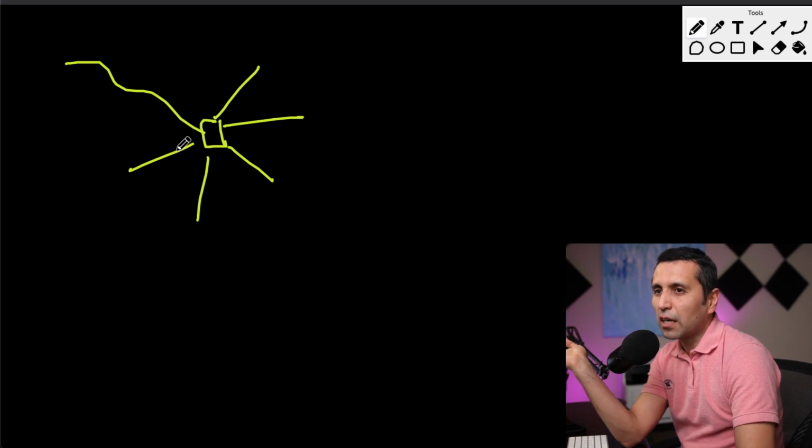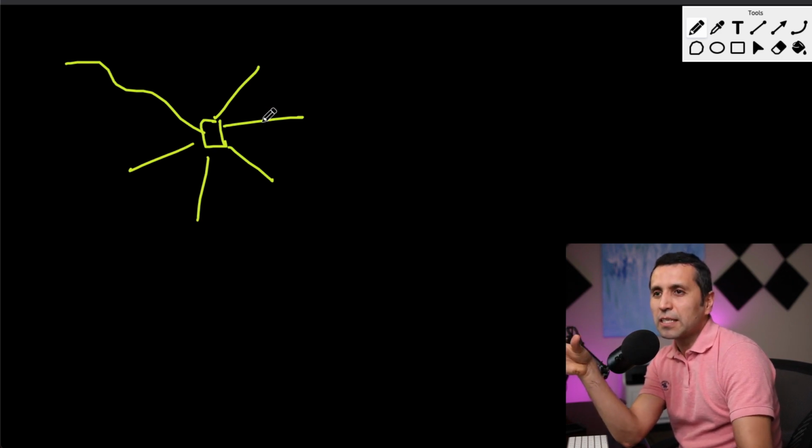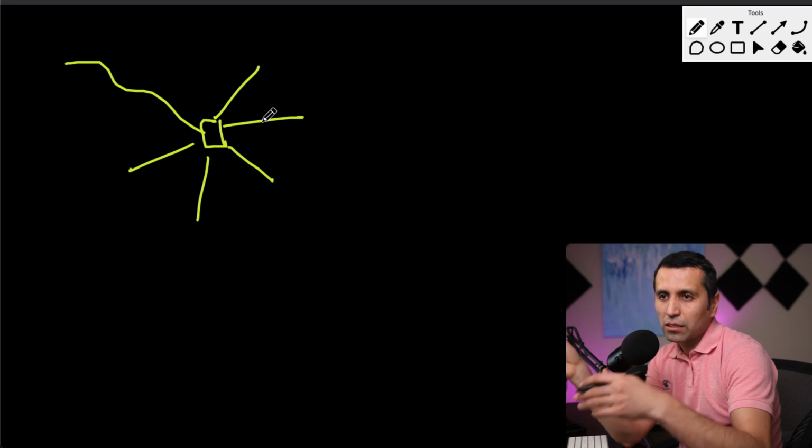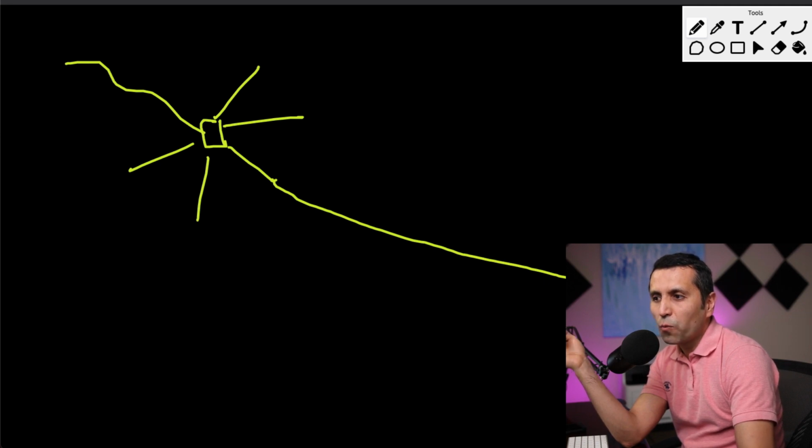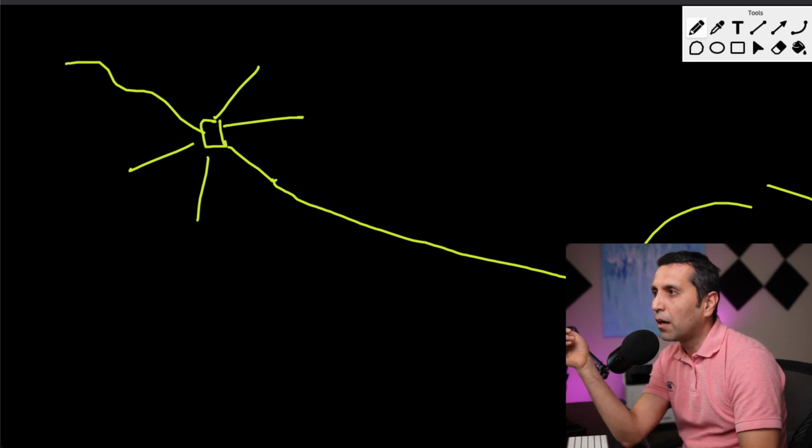So for instance, in our school, this internet is being distributed to teachers and to the students. We have a group of students over here, for instance the computer lab. One of the lines will be provided here, and they will have a switch over here, and from this switch we are distributing the internet. So that is another type of topology.